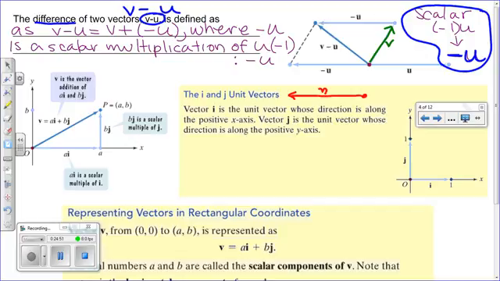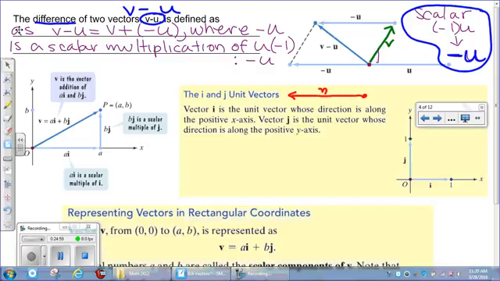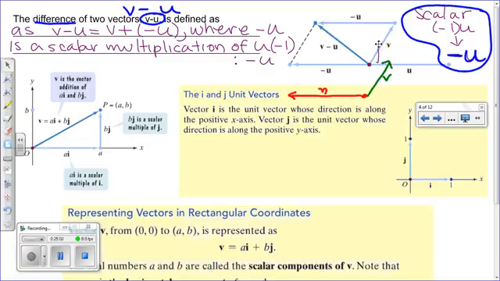Okay, so now let's follow the rule that said you're going to position the first vector, which is vector v.